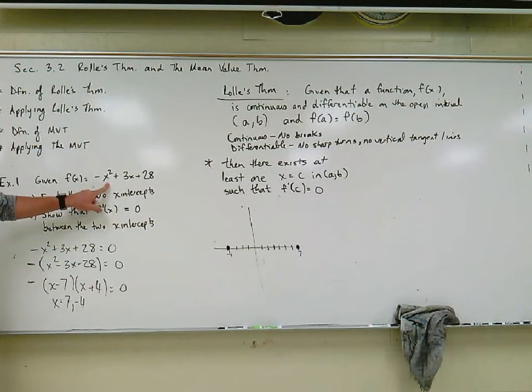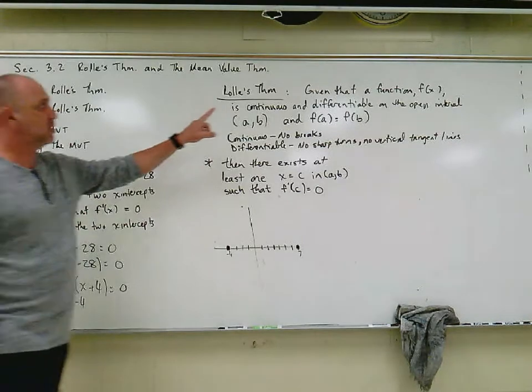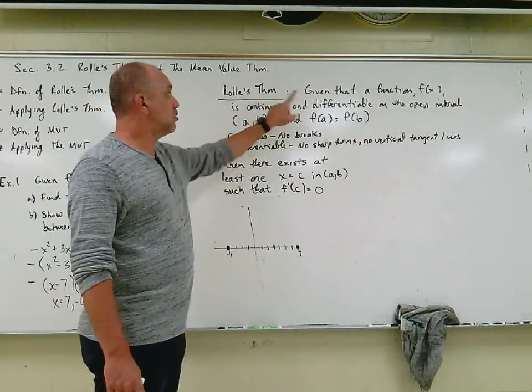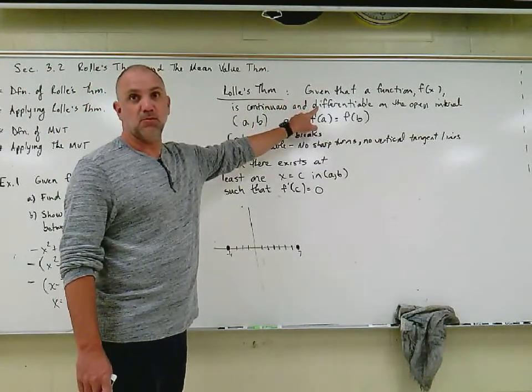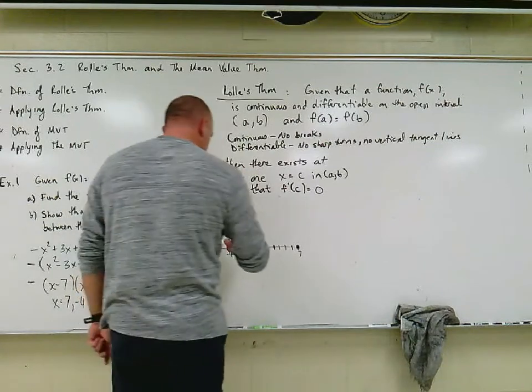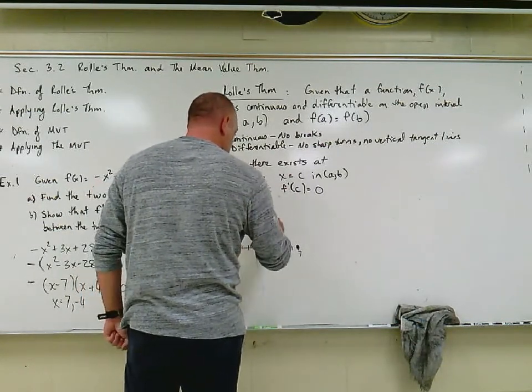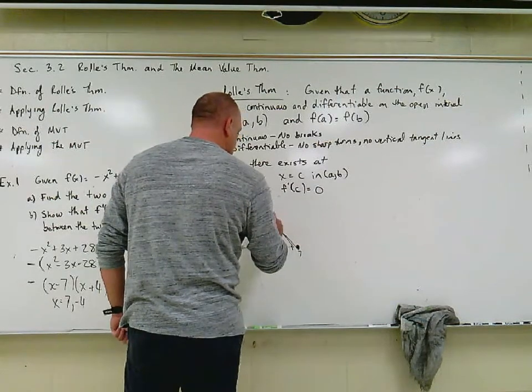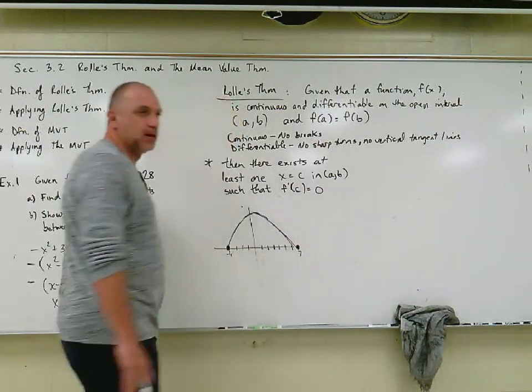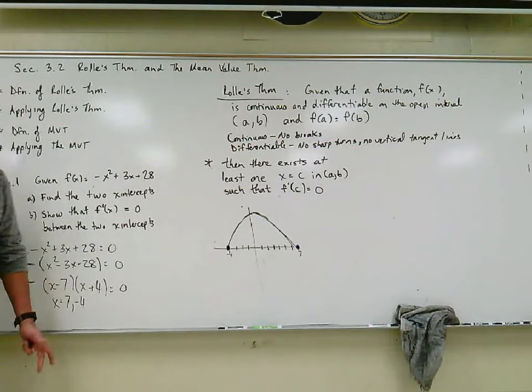Here's our function. Well, we know a lot about this function. It's a quadratic, so is a quadratic continuous? Does a quadratic have any sharp turns? No. You know that since there's a negative in front, it opens down like that. You really don't need calculus for this one, but we'll just do it.